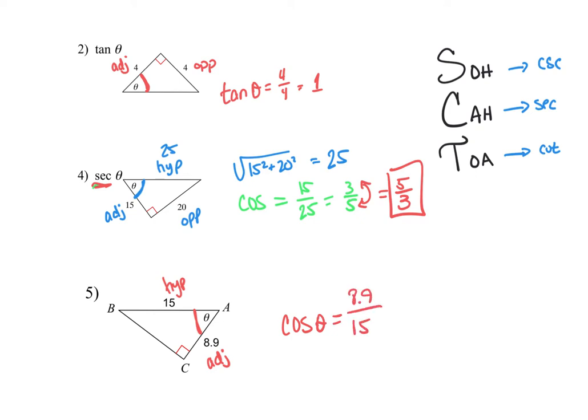I am looking for the angle, so I'm going to use my inverse trig function here. Anytime you're looking for the angle, you use your inverse trig. Whatever ratio is set up, just put it into your calculator with the inverse. Always use your -1. And you're going to get 53.6 degrees here.